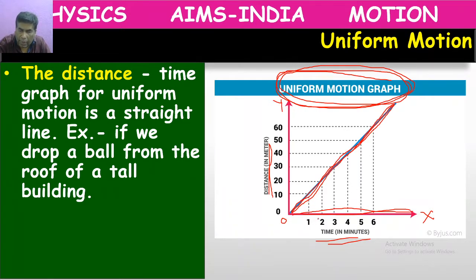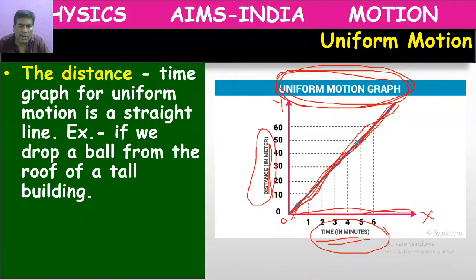So on the graph, we have taken the x-axis, the y-axis, the origin, time on the x-axis, and distance on the y-axis. I am telling that this line will tell about uniform motion. How does the line represent uniform motion?